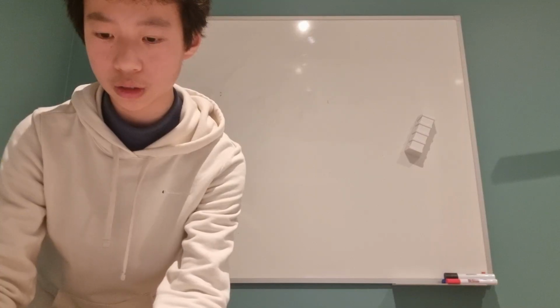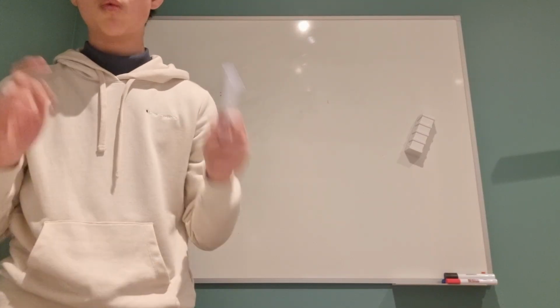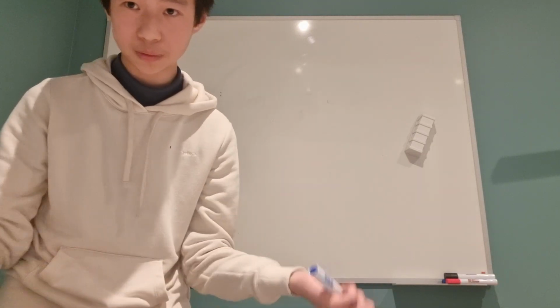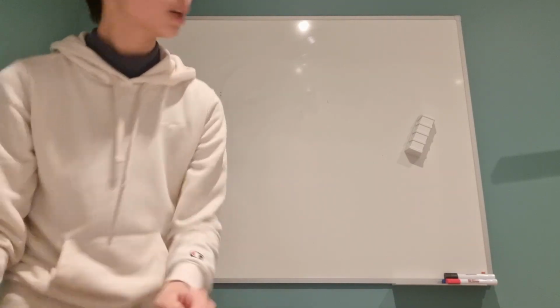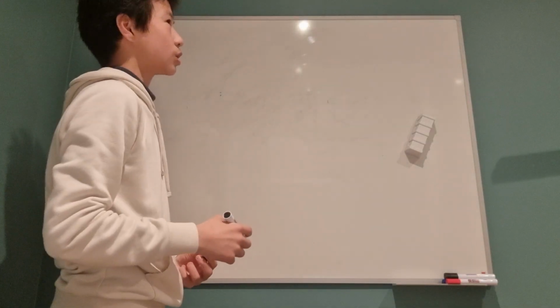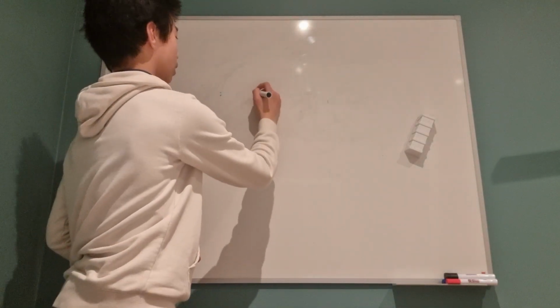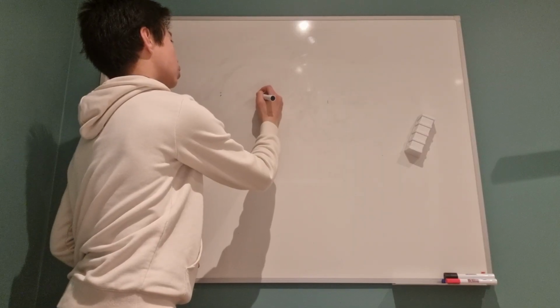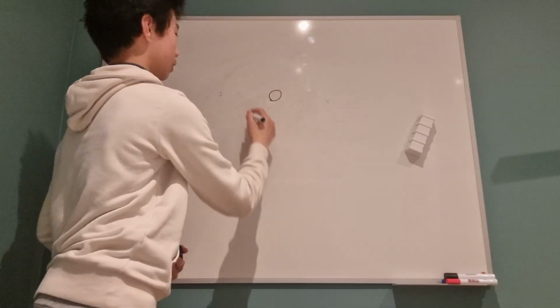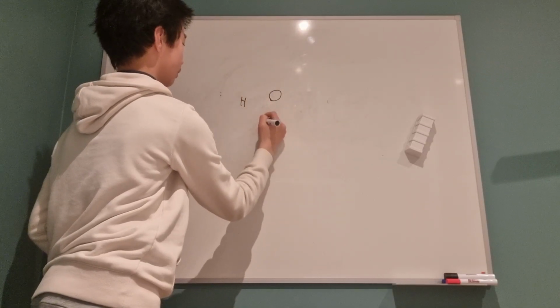And now we have to go over hydrogen bonds. So water is something that we have all drunk, I guess. Assuming we just say H2O, we have the oxygen here, and we have the hydrogen here.